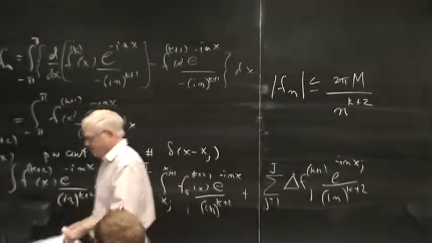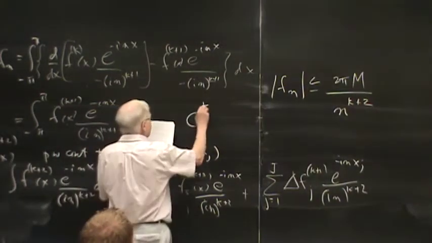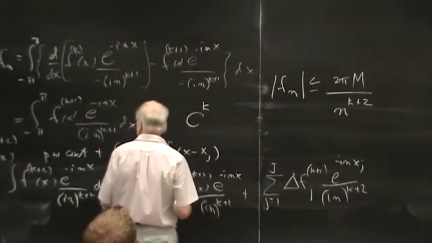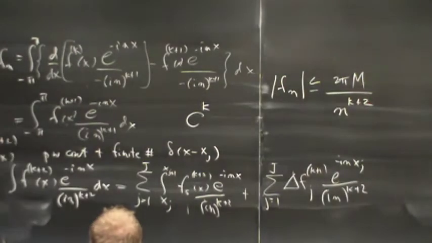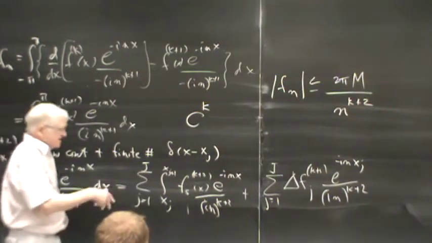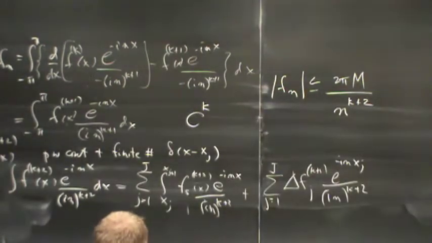So this turns out to be what's typically true for C^k functions whose (k+1)-th derivative is piecewise continuous and whose (k+2)-th derivative is piecewise continuous apart from a finite number of finite delta functions.